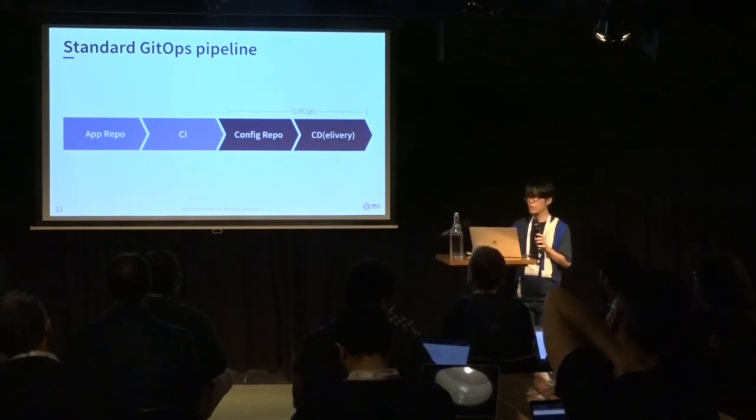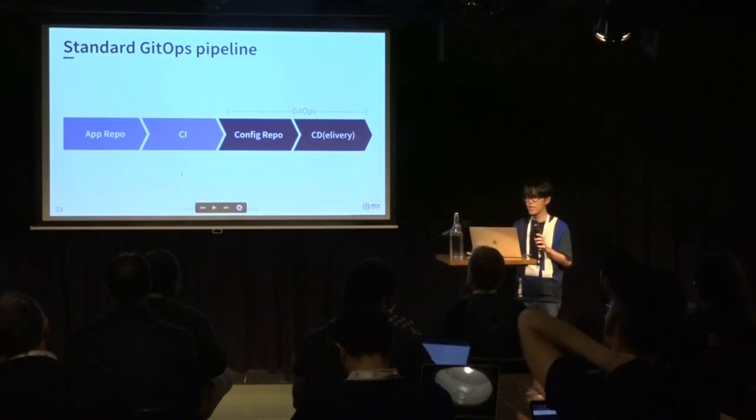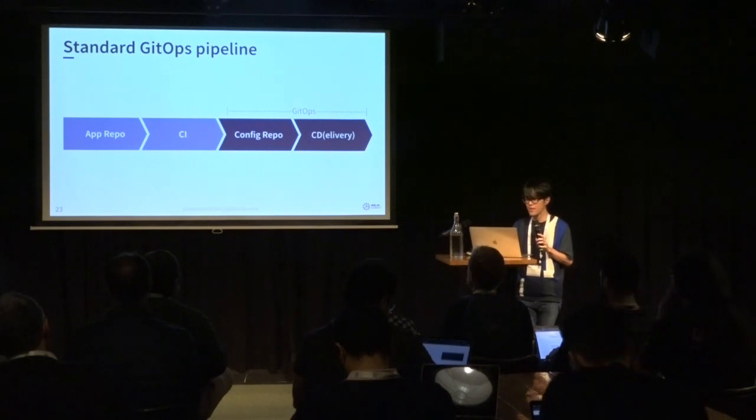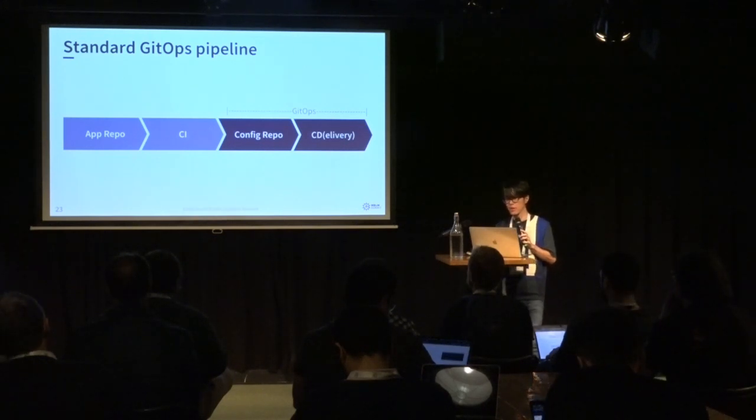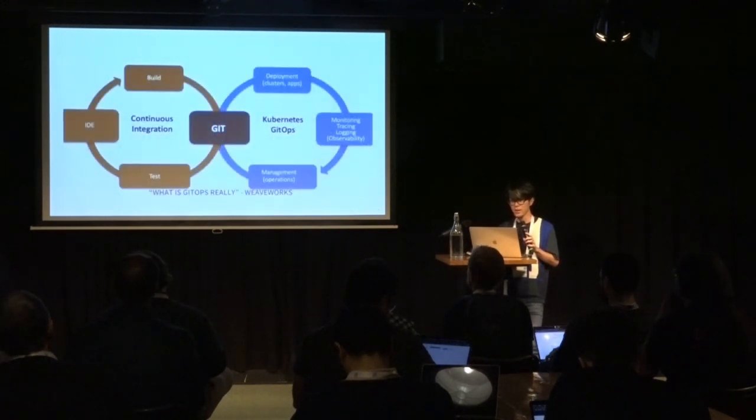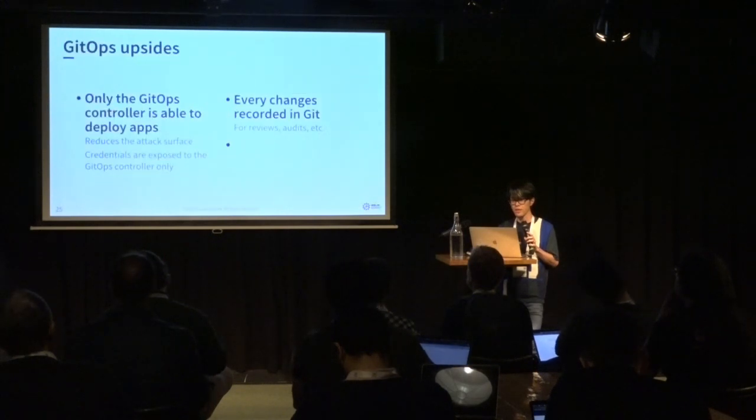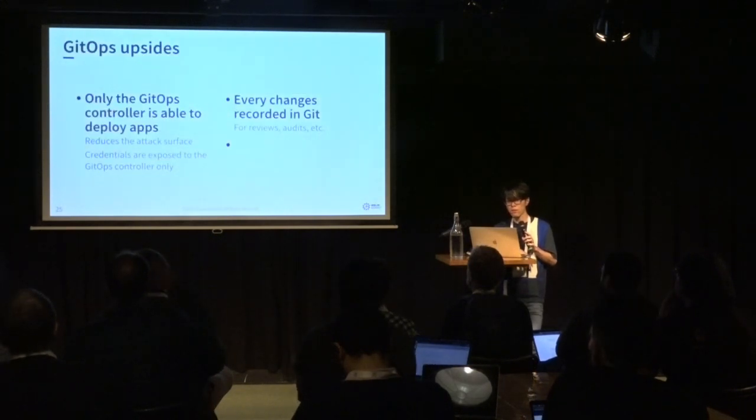You have an app repo and generate the config. Maybe it's a directory containing Kubernetes manifests, and the CI applies it via your Jenkins or Flux. Okay, so it looks like this. And the GitOps upside is that only the GitOps controller is able to deploy apps.